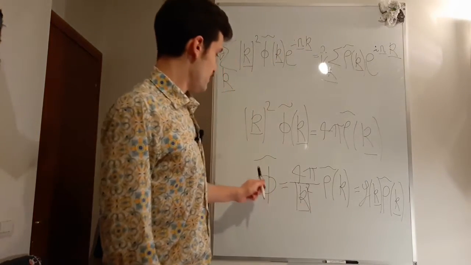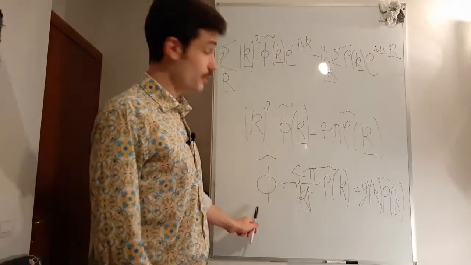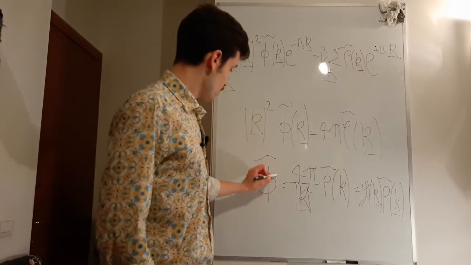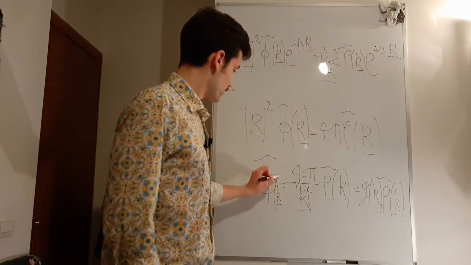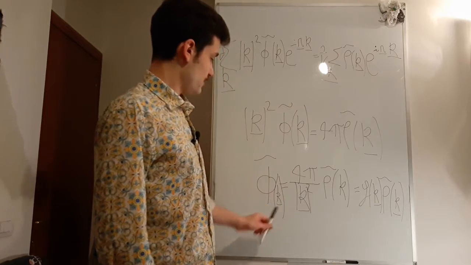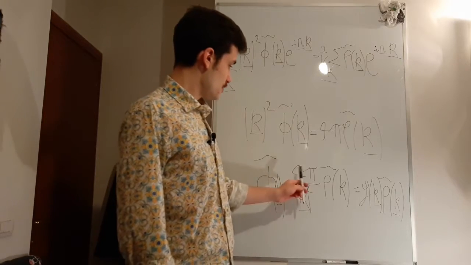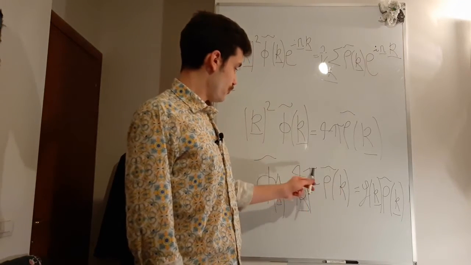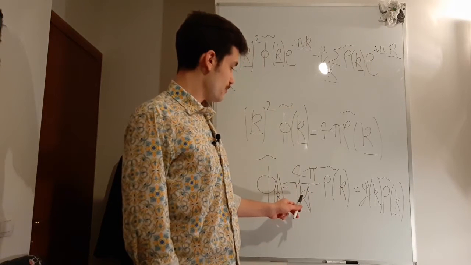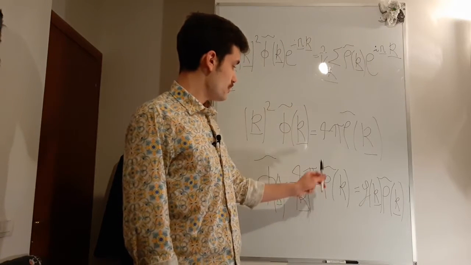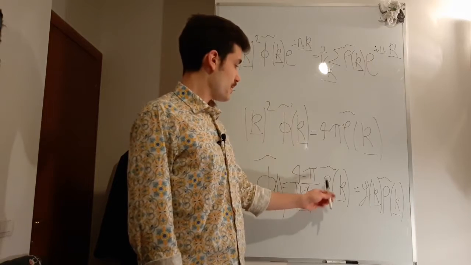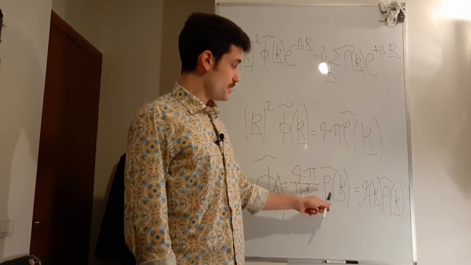This is actually in the end the expression we have for the electric field at a certain point, of course depending on the vector in the reciprocal lattice. So 4 pi divided by the square modulus of the vector, multiplied by the charge density.